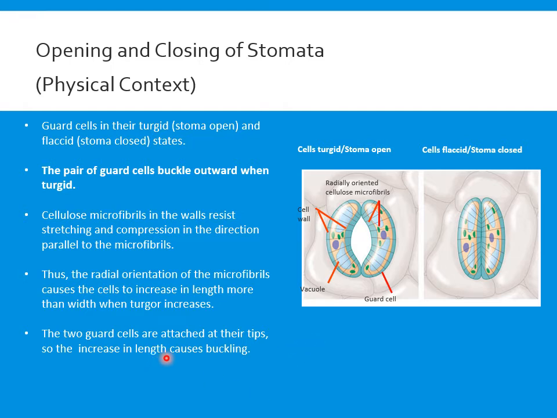So these two guard cells are attached at the tips, so they can increase in length and cause the buckling. Buckling means opening, right? So remember, if you want to explain stomata opening, make sure you mention the guard cells become turgid. When the stomata close, the guard cells become flaccid. This is in terms of explaining in the physical way.